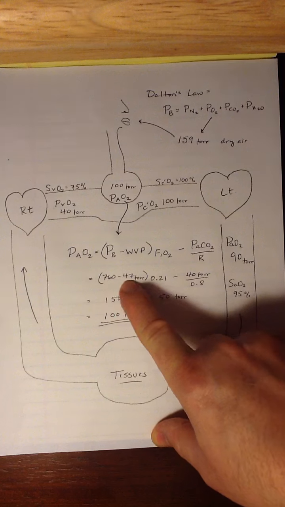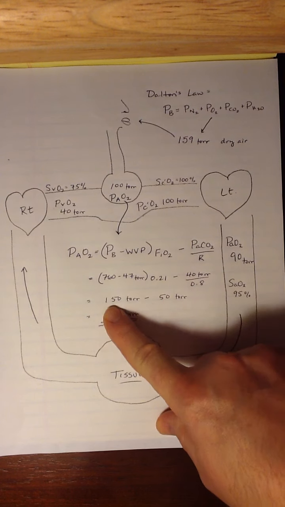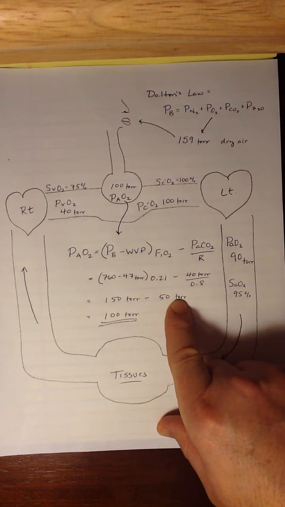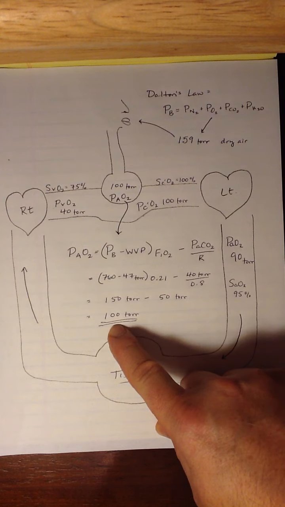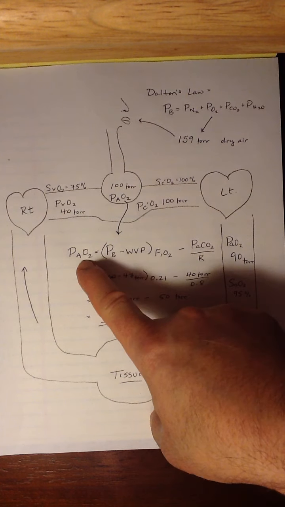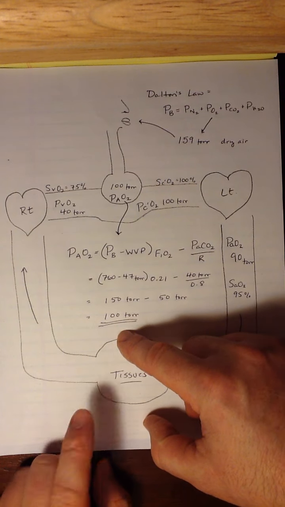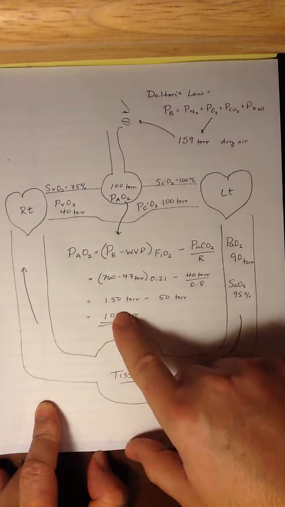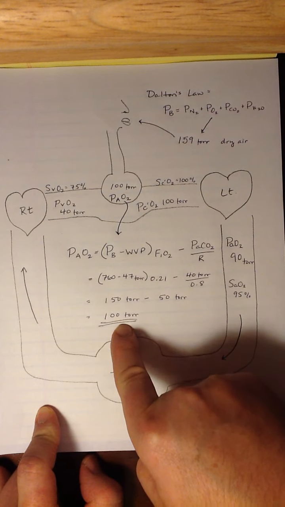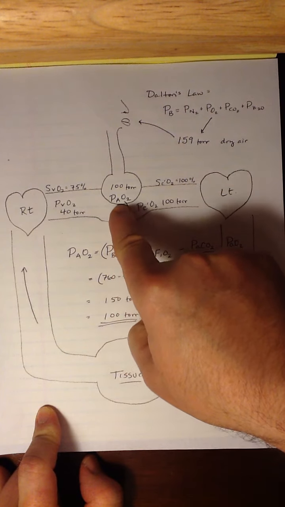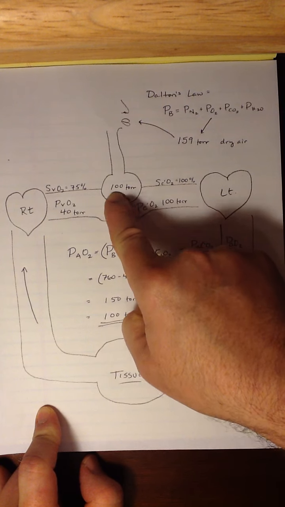Plugged in all of our values, we see that the result is approximately 100 torr for a PAO2, and that's under normal conditions. So I simply solved the alveolar air equation, giving us 100 torr, and I put that here in our alveolus, 100 torr.